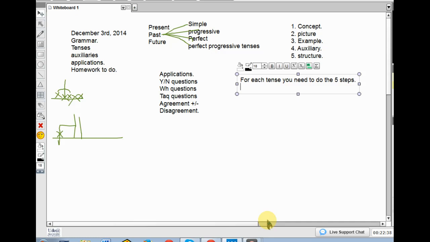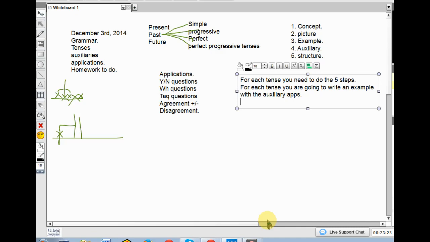Number 2, for each tense you are going to write an example with the auxiliary applications.